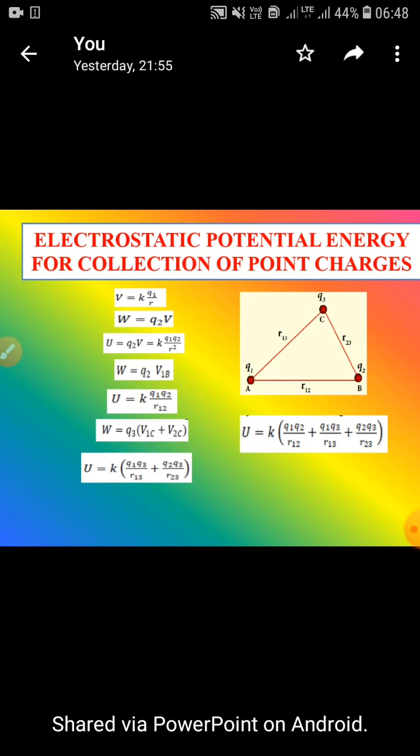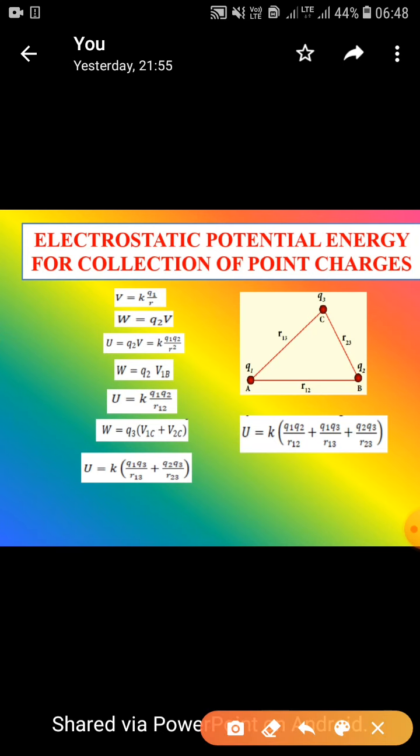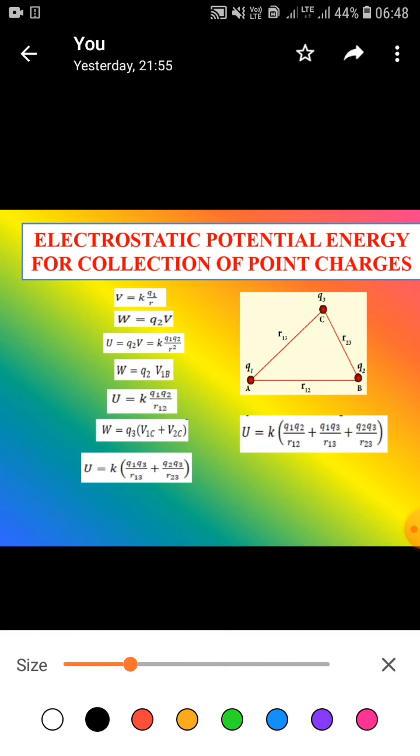The electric potential at a point at a distance r from the point charge q1 is given by V is equal to k q1 by r.